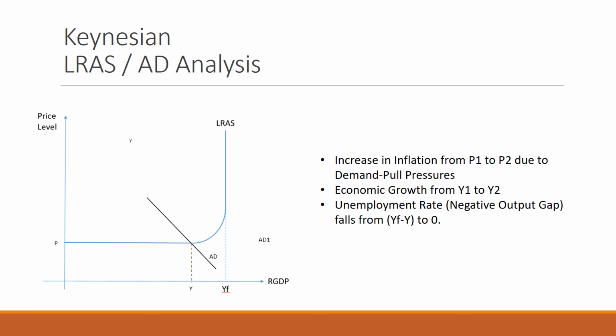However, before the implementation of an expansionary monetary policy, the actual level of output was at Y, as this is the macroeconomic equilibrium, where AD intersects with the SRAS curve. This means that currently, the economy is facing a negative output gap of YF minus Y.